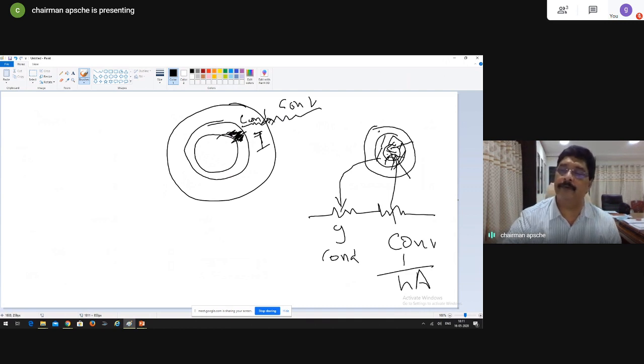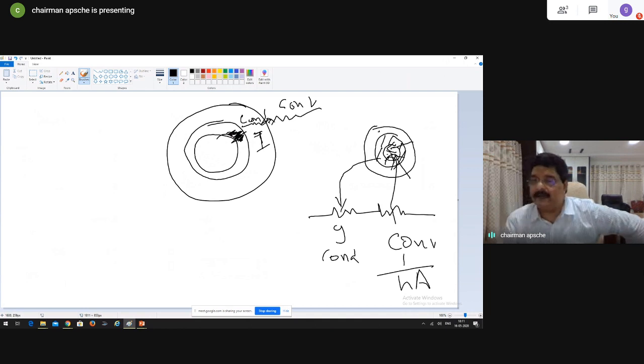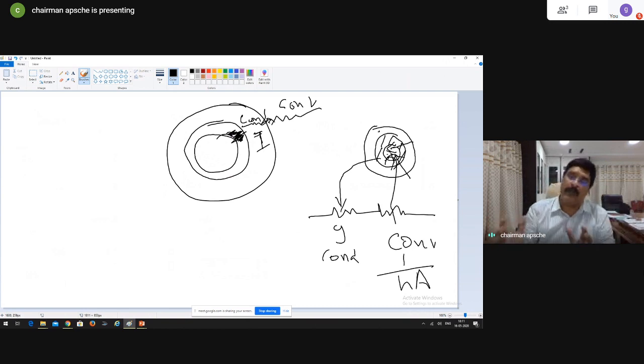If you are continuously increasing the insulation towards inside, the radius goes on reducing, and therefore area reduces. So convection resistance, what happens? 1 by hA. So when area reduces in the denominator, convection resistance also increases. Now, when you are adding insulation towards the inside of the pipe, both resistances increase.